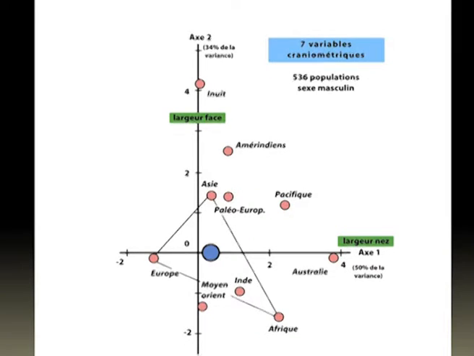When we do that at the mankind level, the computer will use, for instance, 7 measurements, make a representation in 7 dimensions, and then a projection on 2 dimensions. And you see that all the populations of the world occupy a position related to their genetic proximity.